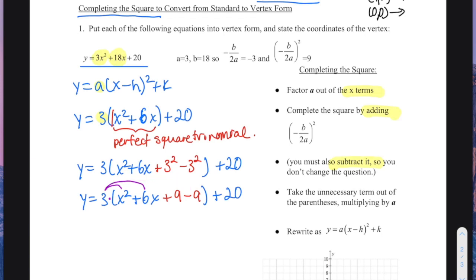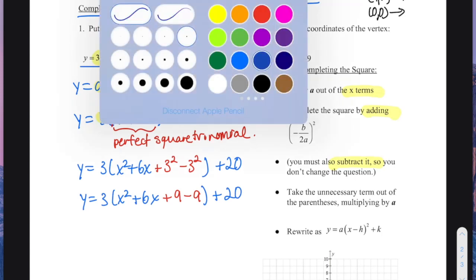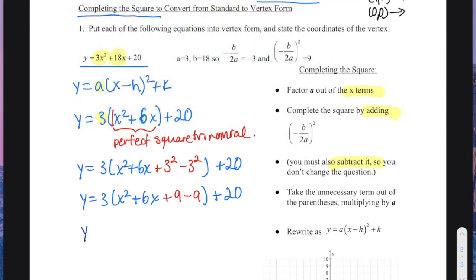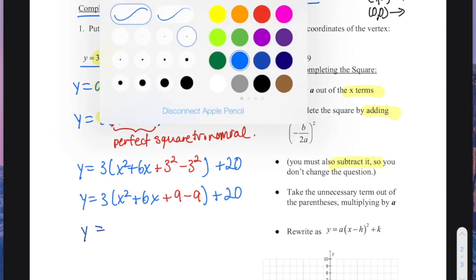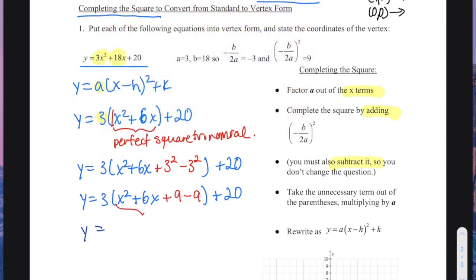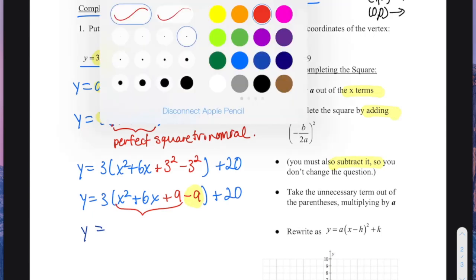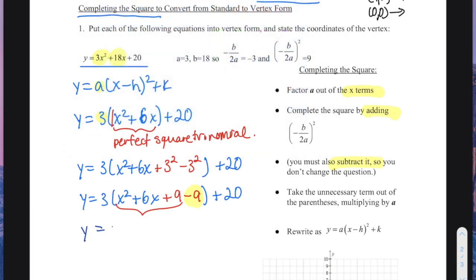I don't want to distribute, though, at least not to the whole thing. But what I need to do is recognize that the thing here that makes my perfect square is actually these 3 terms together. So I don't have any use for this guy inside my bracket. So what I'm going to do is take it out of the bracket.